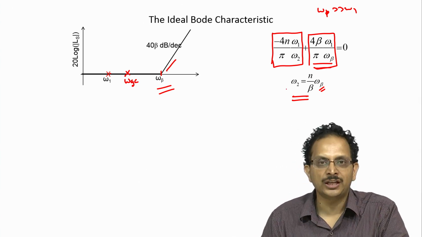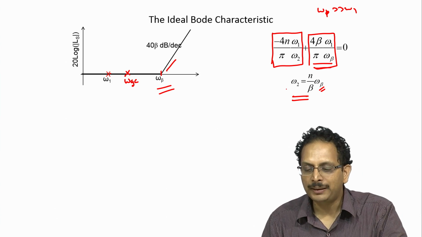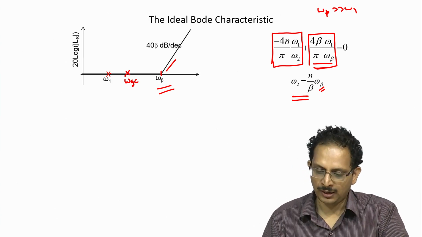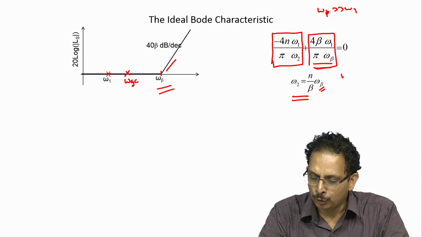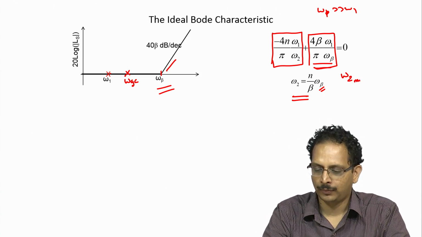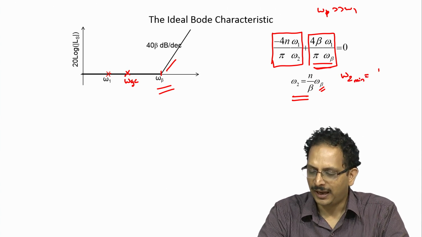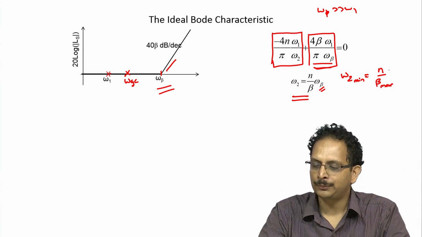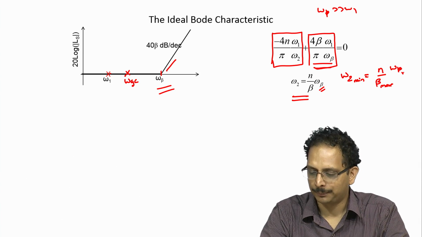So omega 2 is given by n by beta times omega beta, and hence omega 2 minimum is given by n by beta maximum times omega beta minimum.